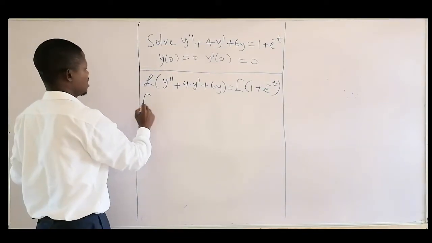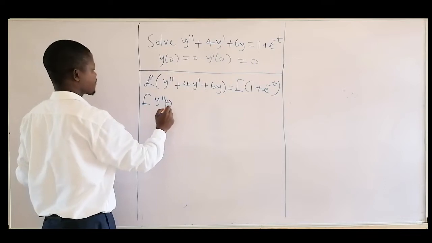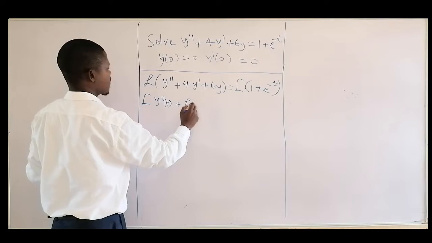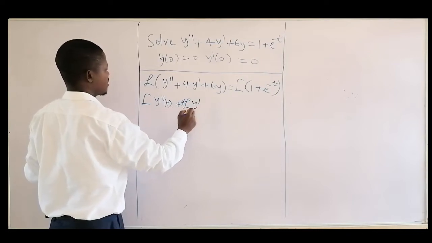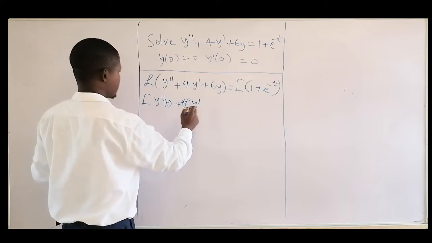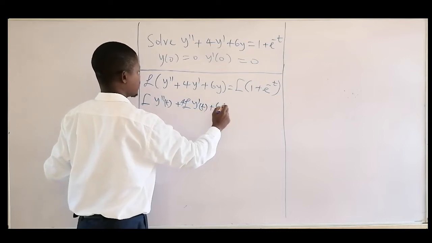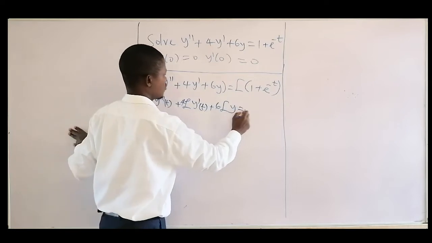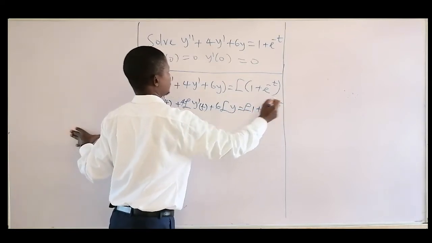That will be equal to the Laplace of y double prime of t, plus the Laplace of 4, which can come to the front, y prime of t, plus 6, which can also come to the front, the Laplace of y. And that will be equal to the Laplace of 1 plus the Laplace of e to the minus t.